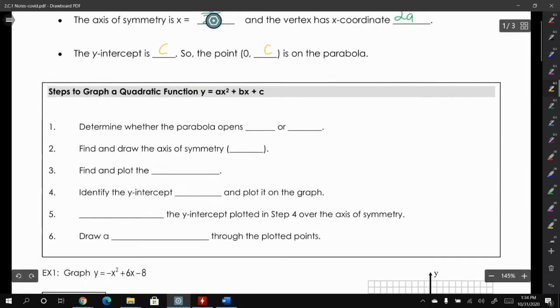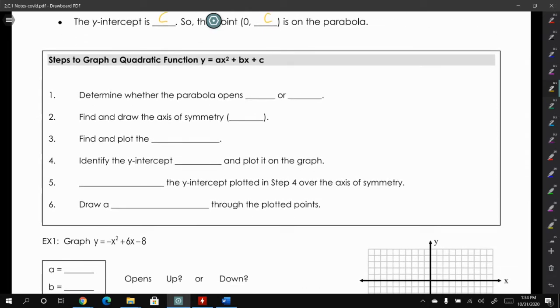So when we graph quadratic functions in standard form, first we want to determine whether the parabola opens up or down. Find and draw the axis of symmetry. Remember, that is negative b over 2a. And then we're going to plot the vertex.